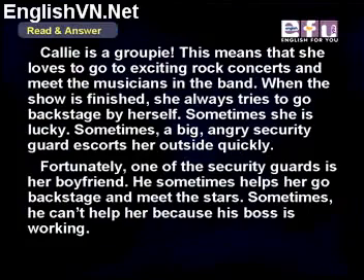Callie is a groupie. This means that she loves to go to exciting rock concerts and meet the musicians in the band. When the show is finished, she always tries to go backstage by herself. Sometimes she is lucky.